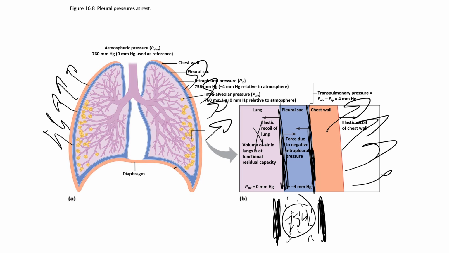So a perhaps simpler way of saying this, although I would ask for more detail on an exam, is that when we inhale, intrapleural pressure falls. When we inhale, the volume of the pleural cavity increases, which drives down intrapleural pressure. And now, of course, the next question is, why would we want to drive down intrapleural pressure?